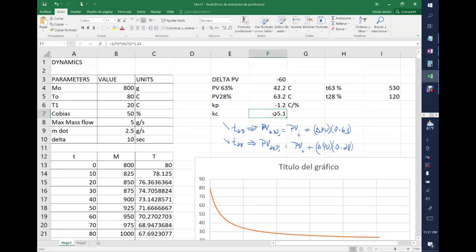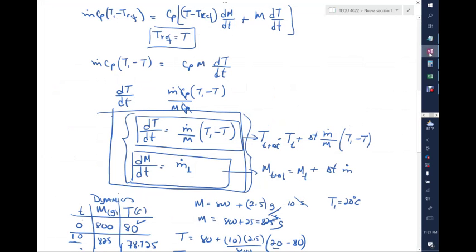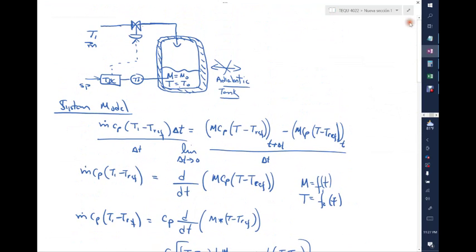This negative is very important. It's telling me that this is a direct process, and if I go back here, basically, if the temperature, for any reason, starts to increase, we call that PV.